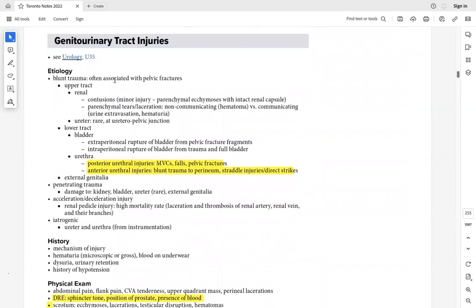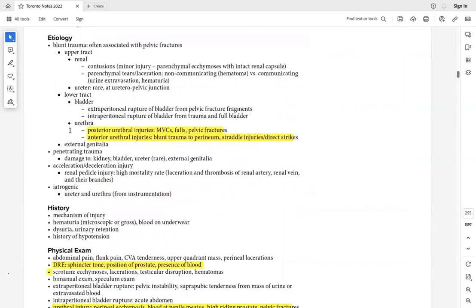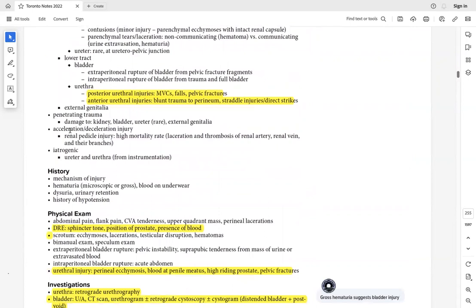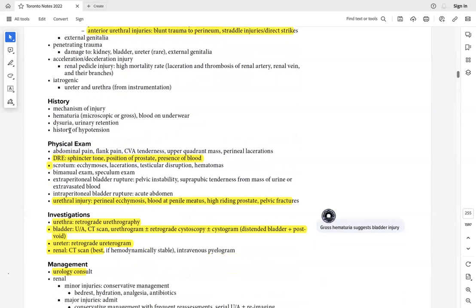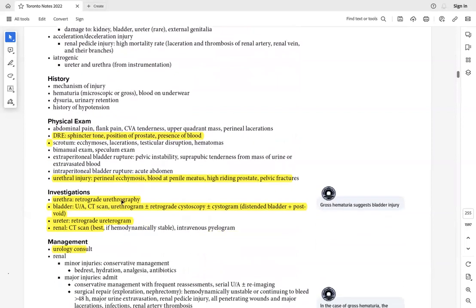Then for genitourinary tract injuries, we have to do the DRE to assess for any trauma, like high riding prostate, check the external genitalia, any bleeding from the urethra. All of these are contraindications to Foley's catheter. We will not pass Foley's catheter. We will move to, if there's urethral injury, retrograde urethrography.